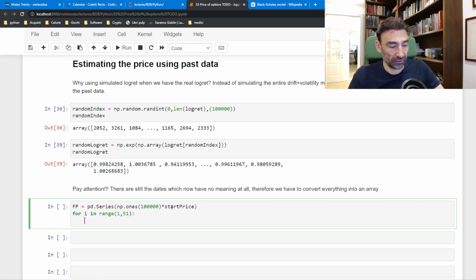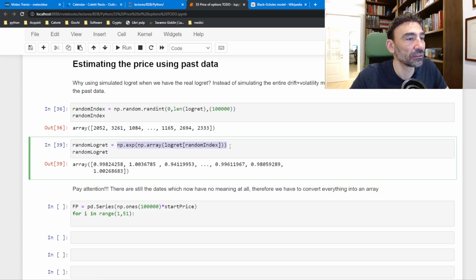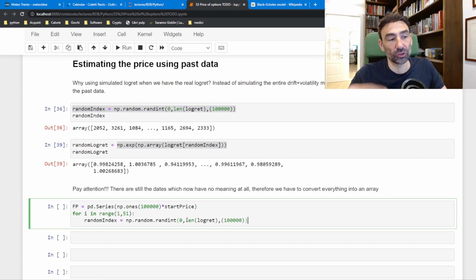And here fp equal. Now, first of all, I have to create this stuff here. So at every step, I don't store all the random numbers.